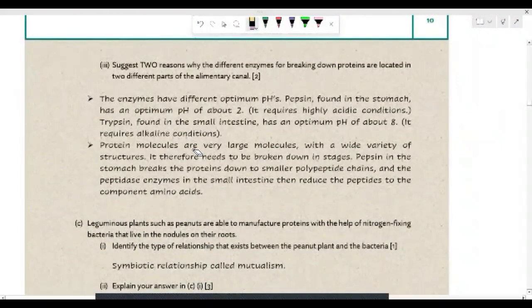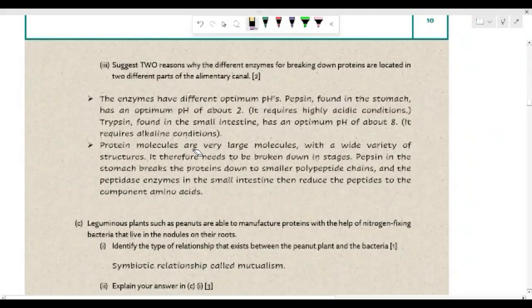So because of that, the enzymes are going to have to work in different parts of the alimentary canal, right? You have your enzymes in the stomach, and the structure of the stomach is designed to provide those acidic conditions as well as be able to tolerate those acidic conditions, right? It has a very specific structure to do that, with all the mucus and the lining constantly replenishing itself and so on, all right?